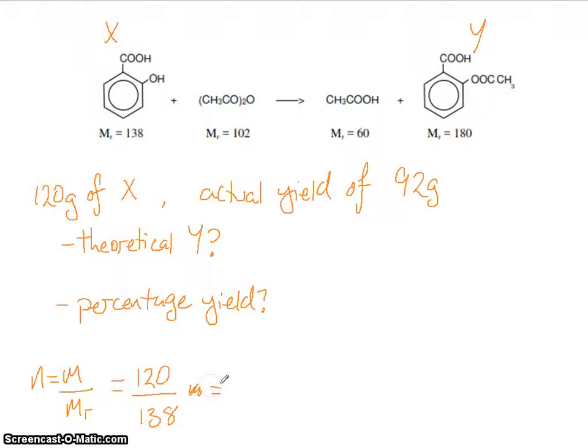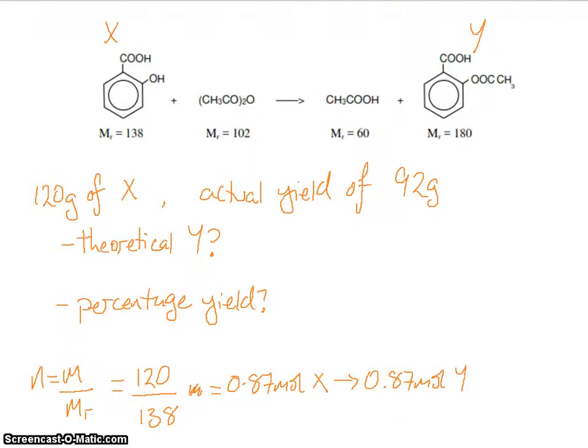Put that into a calculator, and that gives us 0.87 moles of X. And then if we look at our mole ratio, we've got 1 mole of this forming 1 mole of this, so therefore that tells us straight away that we've got 0.87 moles of Y.